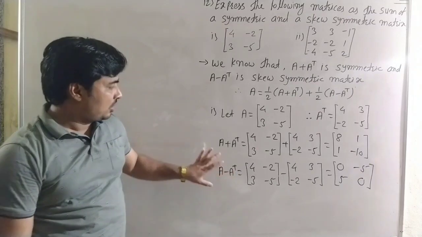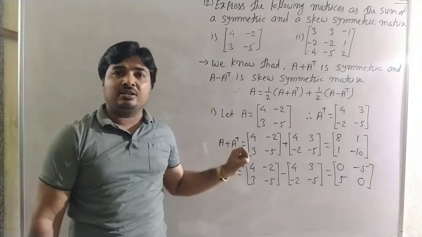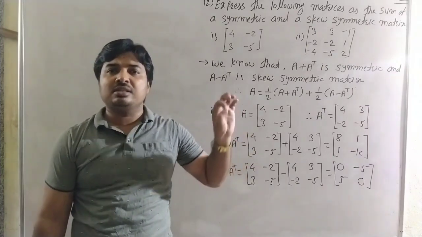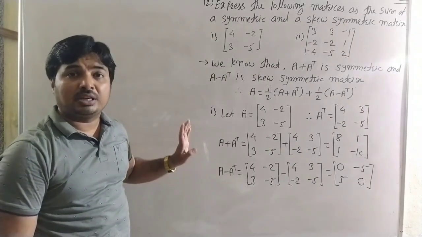Now we can find the matrix A as the addition of the symmetric and the skew symmetric matrix. Here it is a symmetric matrix and it is a skew symmetric matrix.